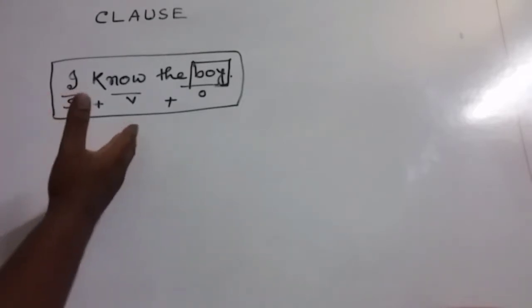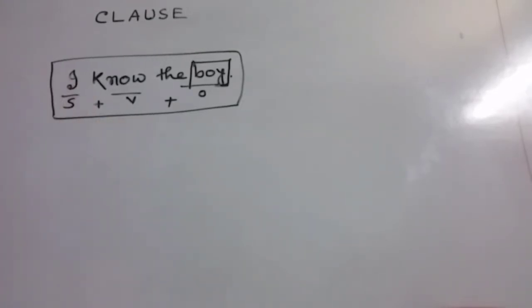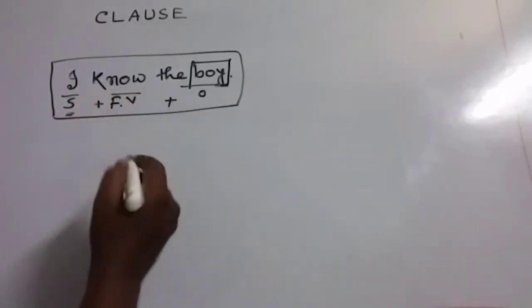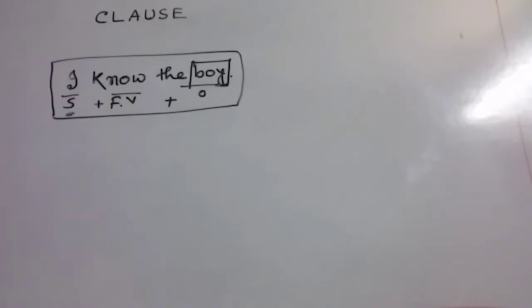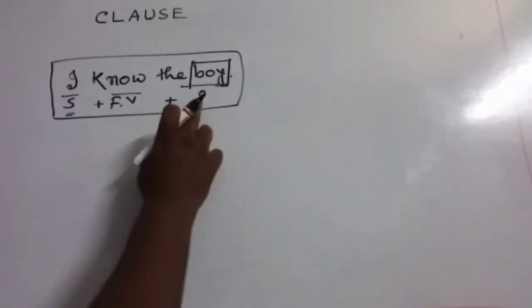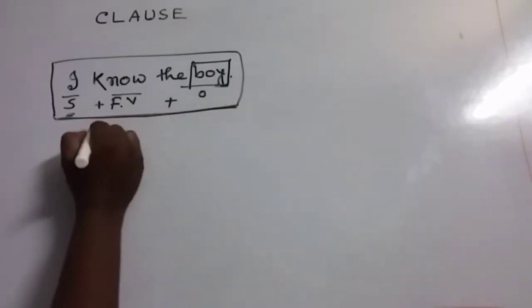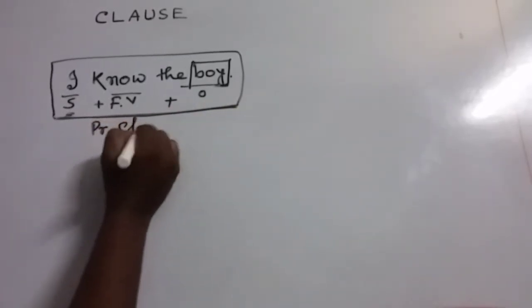The principal clause can convey a complete sense. Here we have used the subject, the finite verb and the object. There may be an object or maybe not. But here there is an object, so this entire group of words will be called a principal clause.